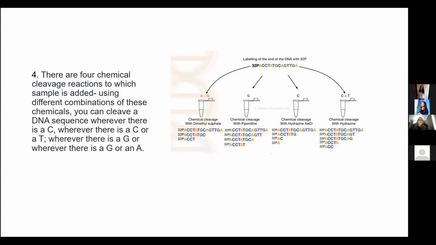For example, for purines you would use dimethyl sulfate, and to cleave pyrimidines you would use hydrazine. In this picture, you can see the specific chemicals that are added to each of these reactions.